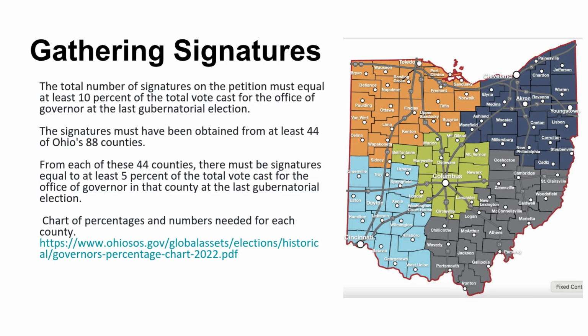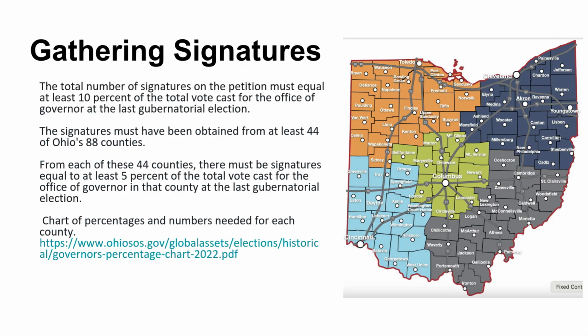But that's not the only thing. Those signatures must come from at least half of our counties. So 44 of 88 counties have to have signatures. And in those 44 counties, those signatures must equal 5% of the vote cast for that county.